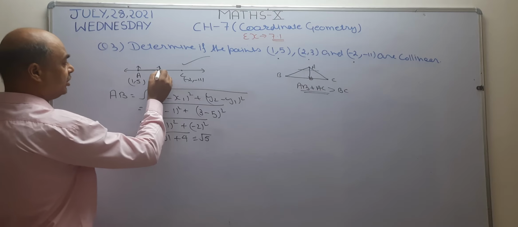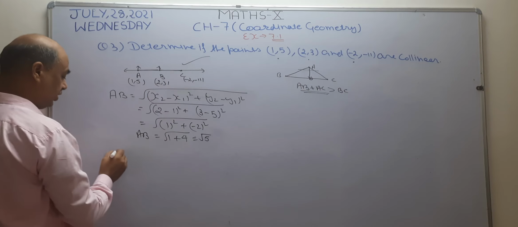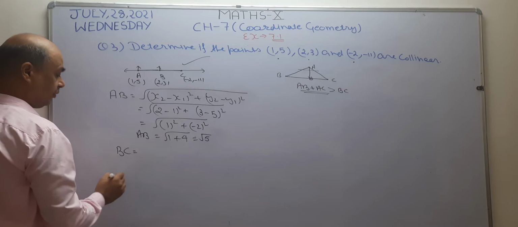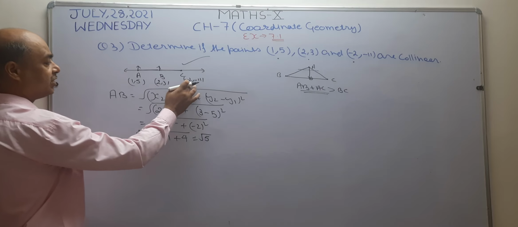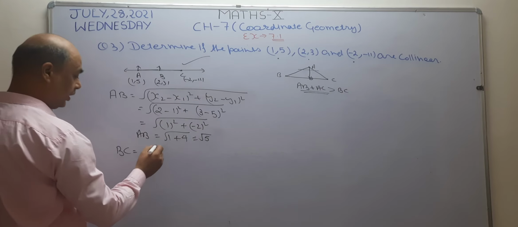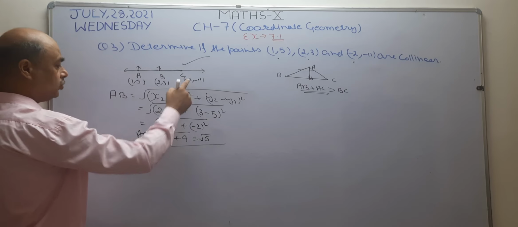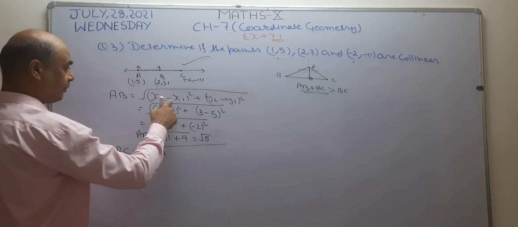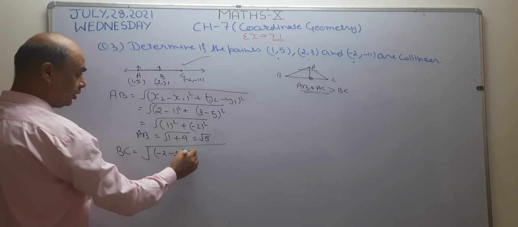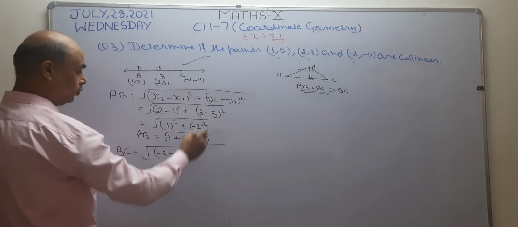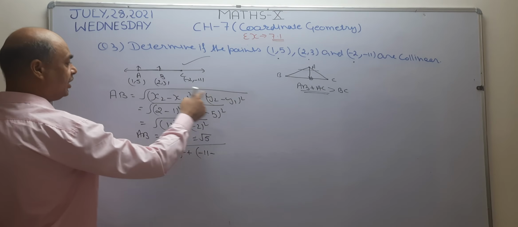I want to check the distance between these 2 points. It means I want to find the value of BC by using the distance formula. I write here BC. Now I take these 2 points, so this becomes x1, y1 and the second point becomes x2, y2. According to the distance formula, the value of x2 is -2, minus x1, which is 2. Now y2, this is your y2, minus y1, which is 3.